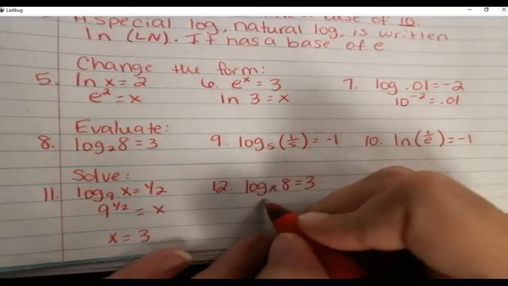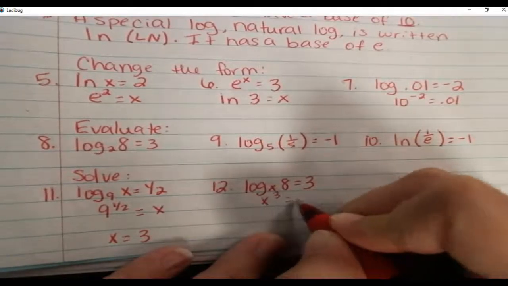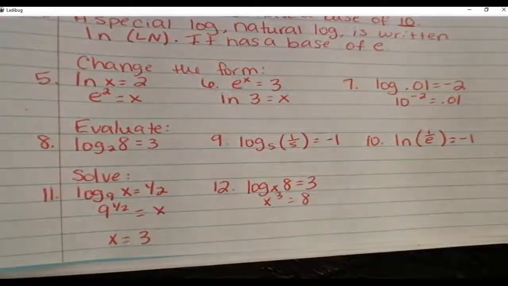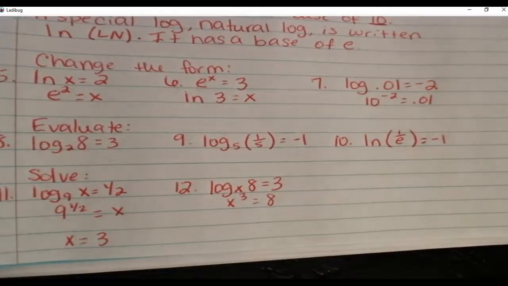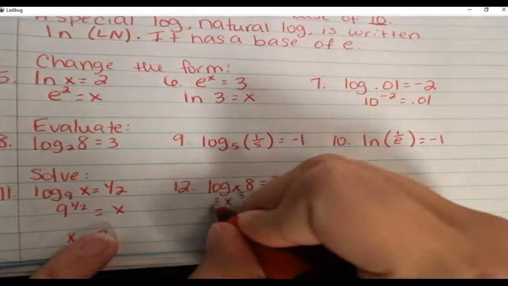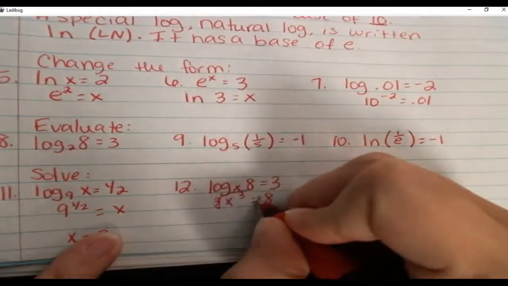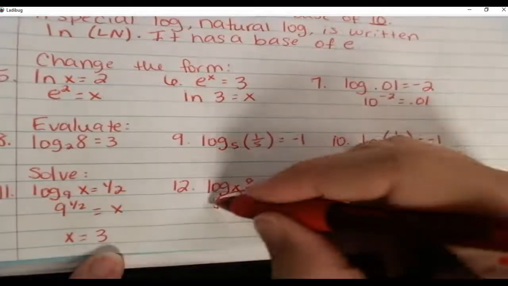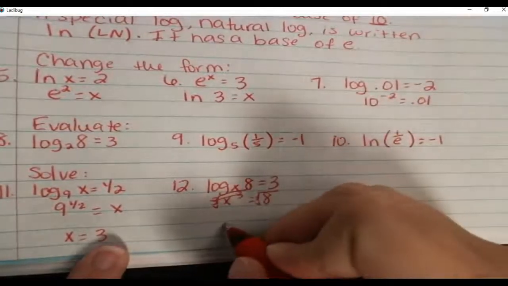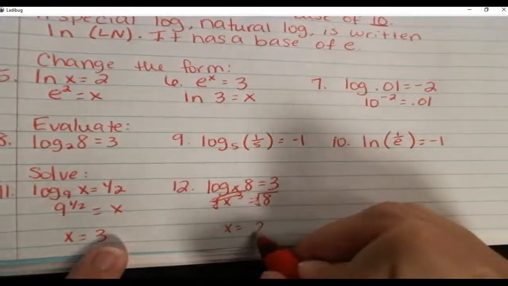X to the third, good. X to the third equals 8. How do I get rid of a third power? Good. Cube root. So x equals 2. Good.